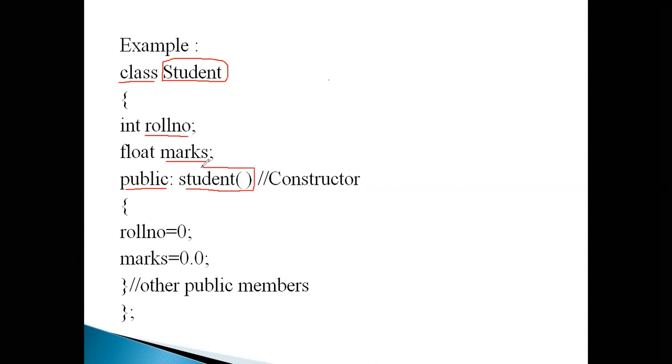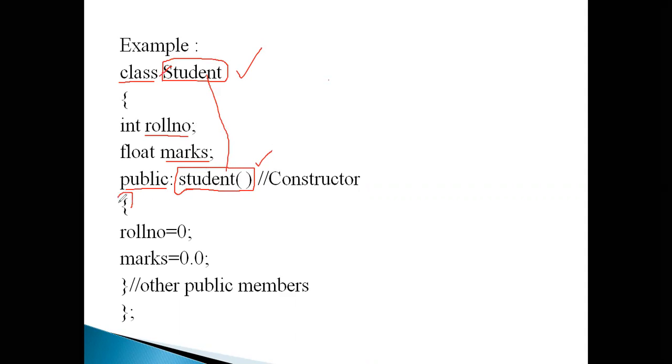Observe, a constructor is nothing but a normal member function, but it has the same name as the class name. Look at this. Both the class name and the function name are the same, student. If I specify a small s, or else a capital S, both the names must be the same.